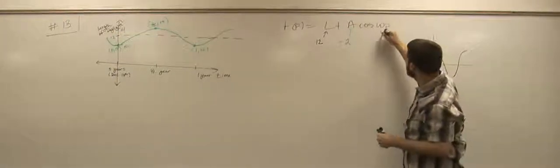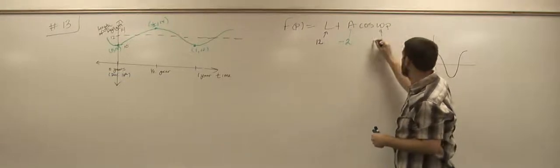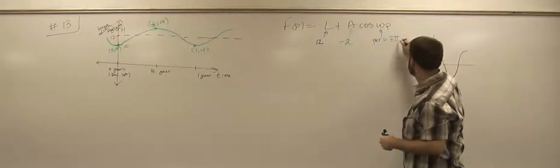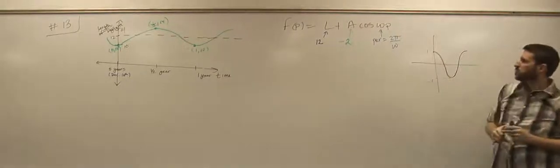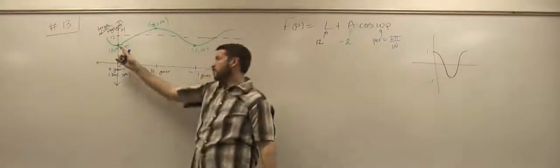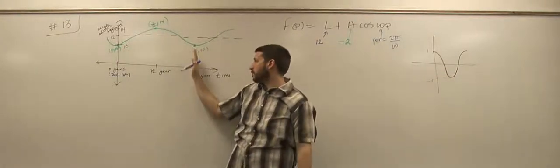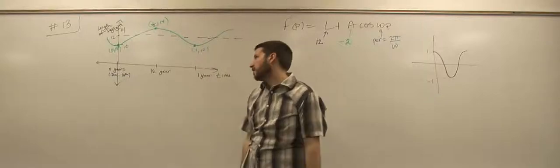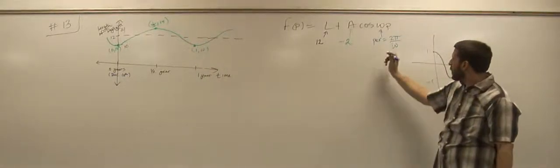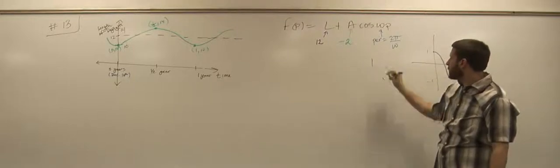For omega, you can use the equation period equals 2 pi over omega. What's the period in this case? The way we set it up, it's 1, right? 100% of a year. So after 1 full year, you've gone one period.